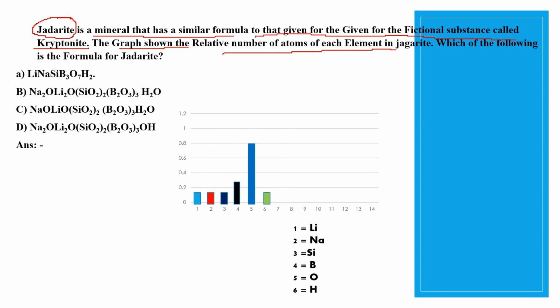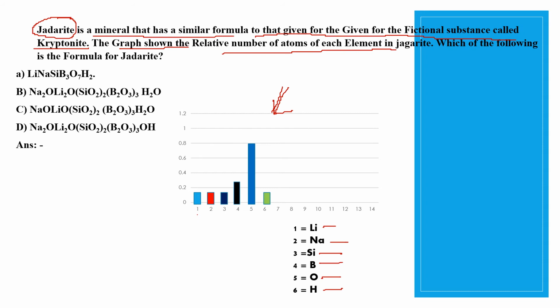Suppose the first is lithium, second sodium, then silicon, then boron, then oxygen, then hydrogen. Percentage is given. So based on this graph, you are going to find out the formula of that substance. Here A, B, C, D are given.